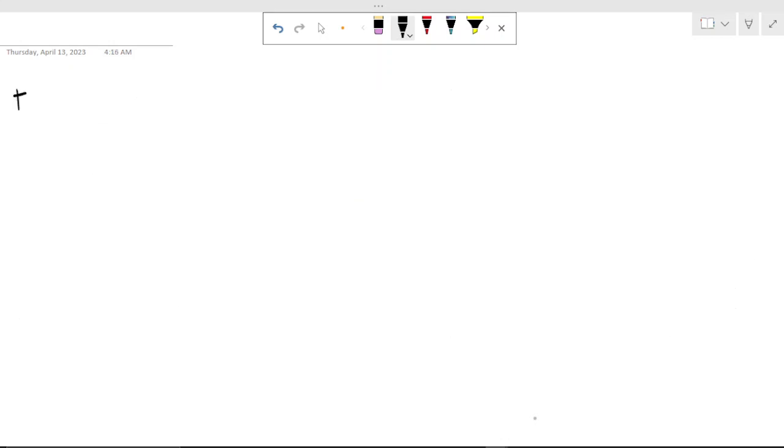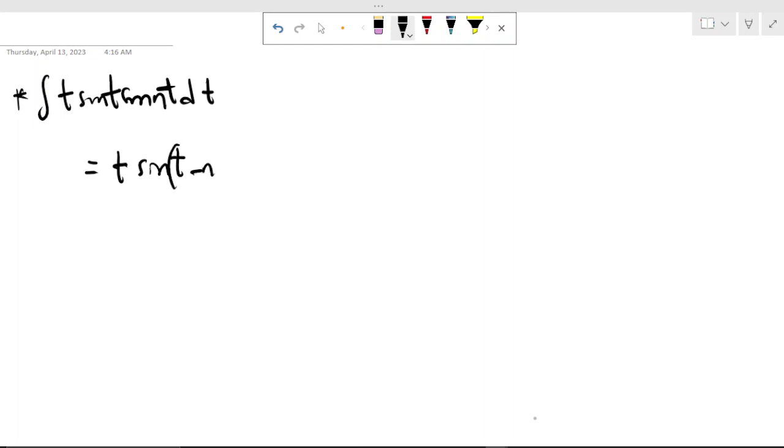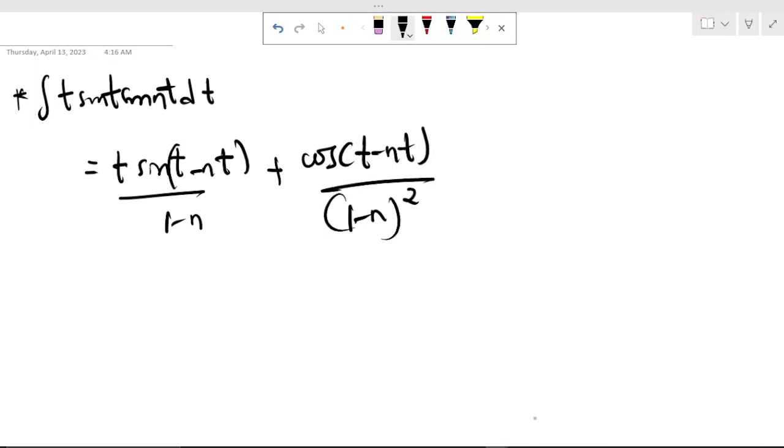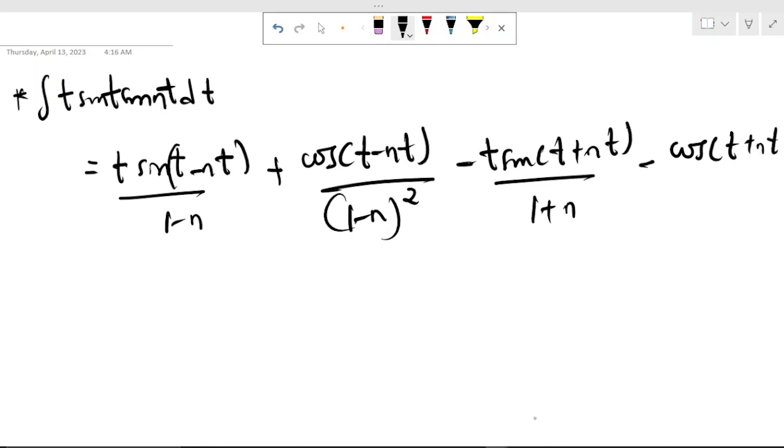If you're following, the integral of t sine t sine n t dt gave us t sine of t minus nt over 1 minus n, plus cos of t minus nt over 1 minus n all squared, minus t sine of t plus nt over 1 plus n, minus cos of t plus nt over 1 plus n all squared.